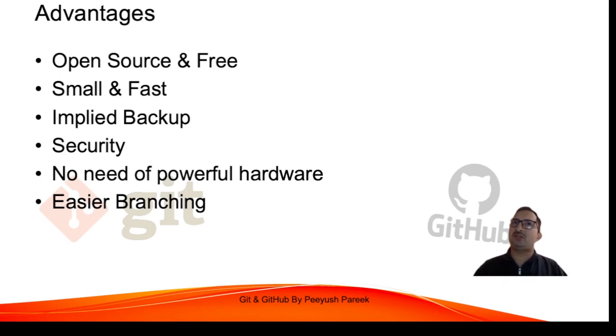Next is security. In Git, they use a hash function named SHA1, which checks the data before checkout. So it is very secure. There is no need for powerful hardware here, because in the central version control system we maintain everything in a central server.